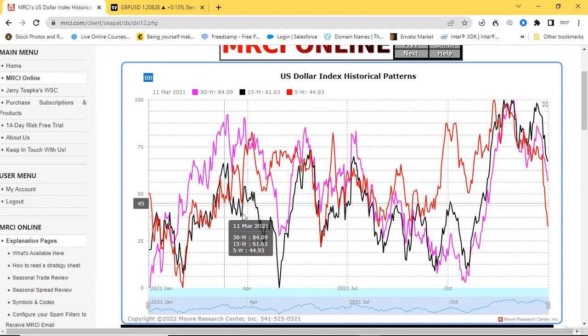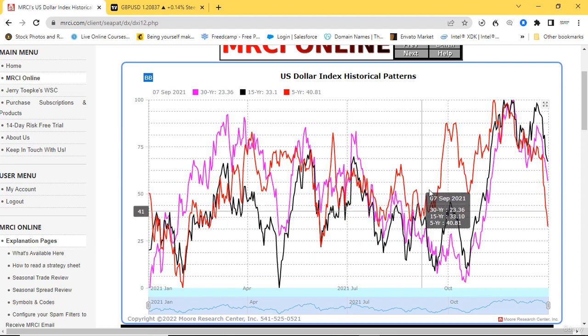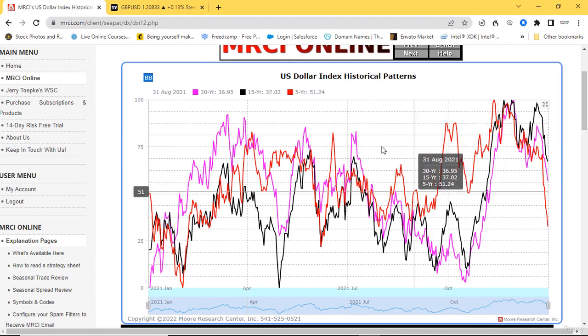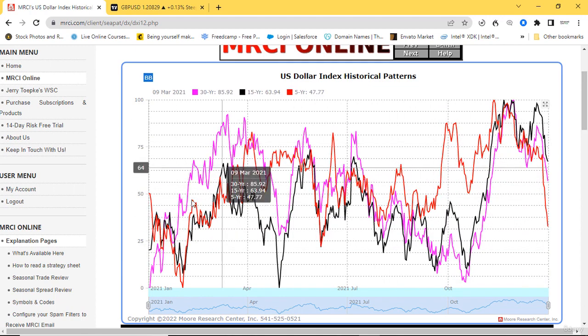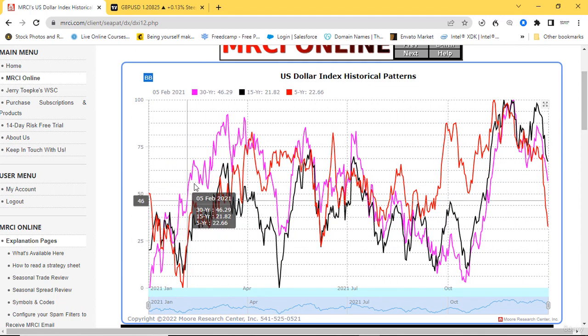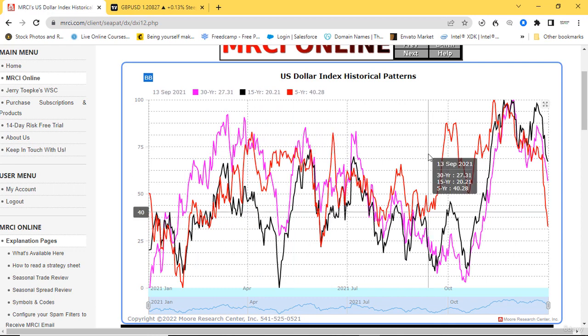And it does it by quarters: January to April, April to July, July to October, and October to December. It shows you the seasonal tendencies over the last 30 years, 15 years, and 5 years for whatever you're looking at.